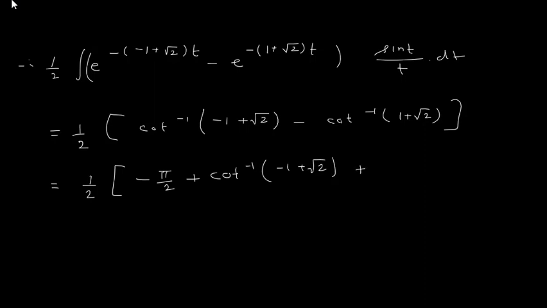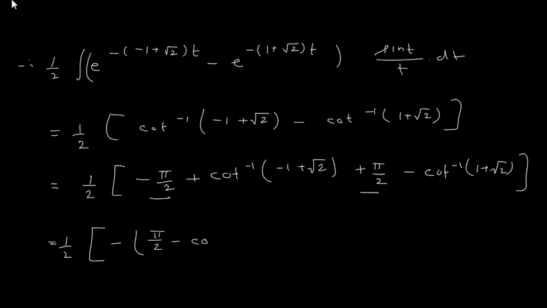Then here I will take plus pi by 2, then here I have minus cot inverse of 1 plus root 2. So what we have done, pi by 2 we have added and subtracted. Now 1 by 2, here I will take the minus sign common and it will become pi by 2 minus cot inverse of minus 1 plus root 2, then here it is plus pi by 2 minus cot inverse of 1 plus root 2.